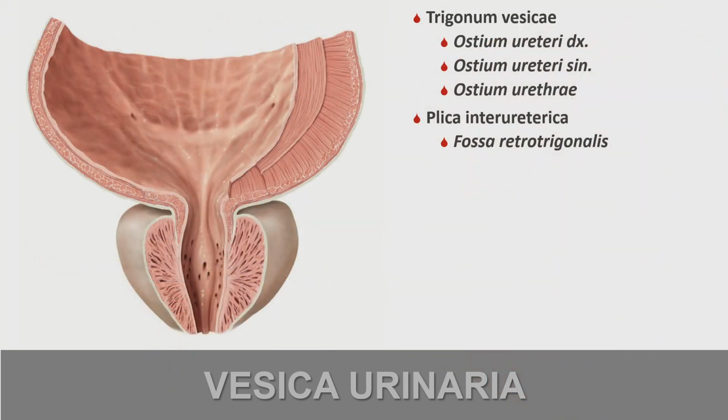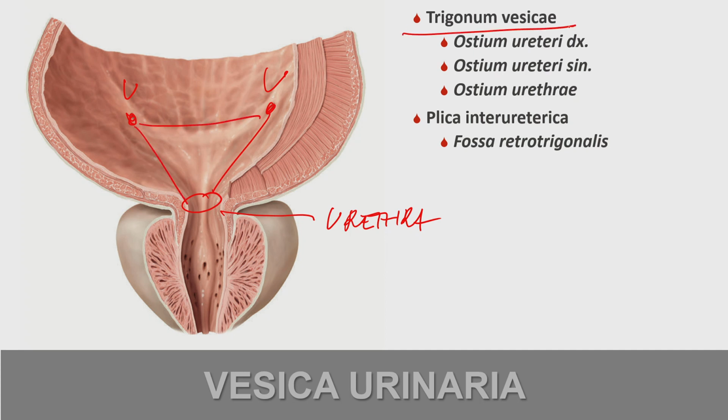So the urinary bladder has dorsally and lower 3 points. Those 3 points are the ureter entrances, 2 ureters, and the third is the urethra. This trigonal structure is called trigonum vesicae, the urinary bladder trigone.